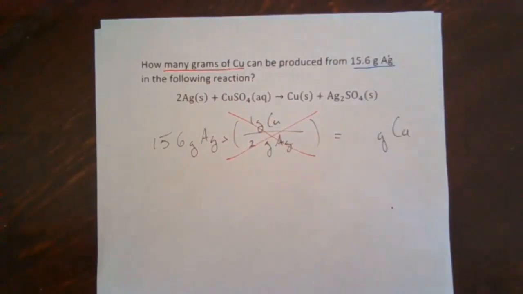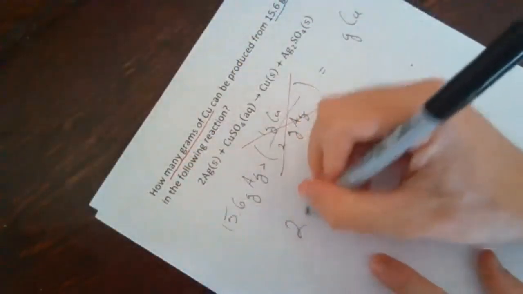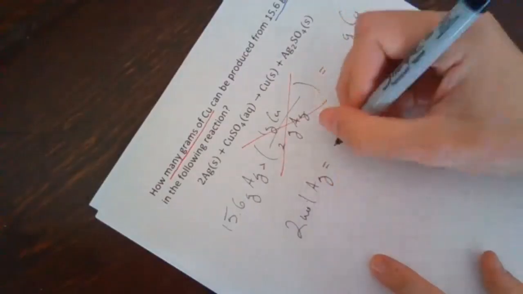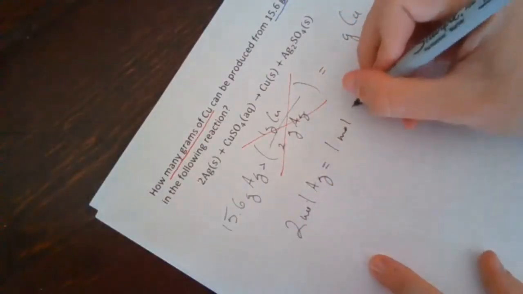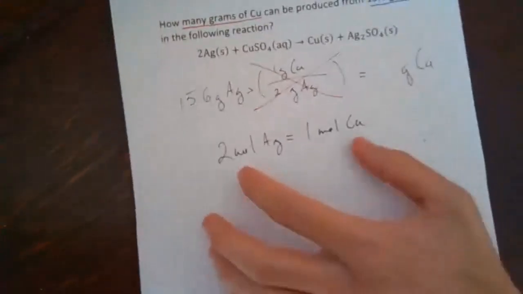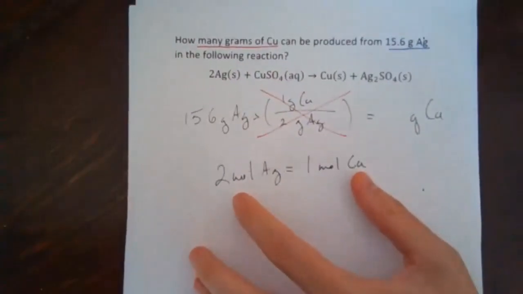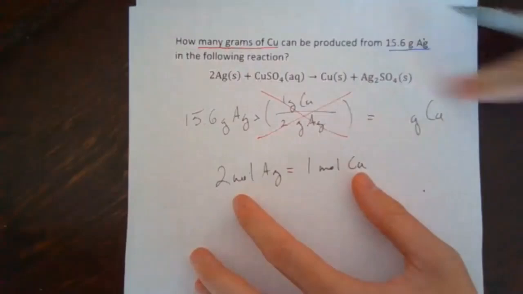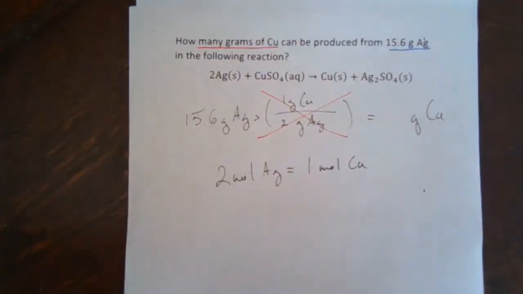So the relationship that actually exists is that the 2 right there means 2 moles of silver is equal to 1 mole of copper. That is the relationship we can use whenever you're relating different substances via a chemical equation using those coefficients. It has to be in counting units, commonly moles.